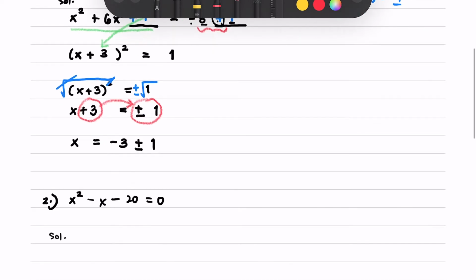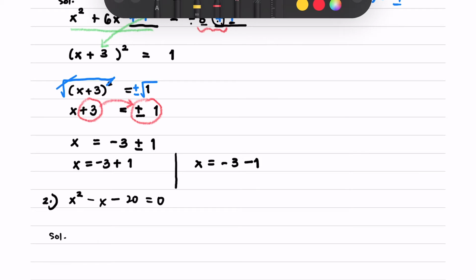So next niyan, ang gagawin natin is i-distribute natin yung sign sa 1, kasi dalawa yung sign niya. So we have x equals negative 3 plus 1, at saka x equals negative 3 minus 1.